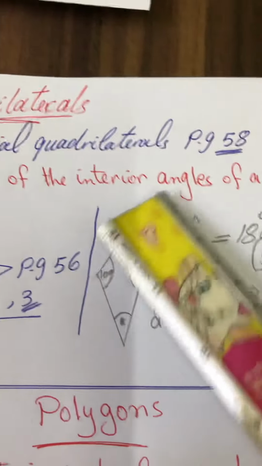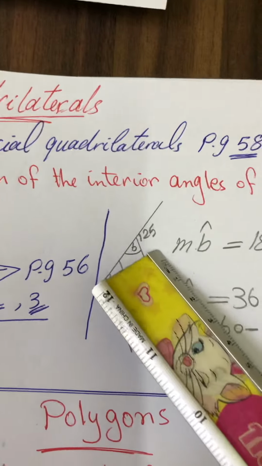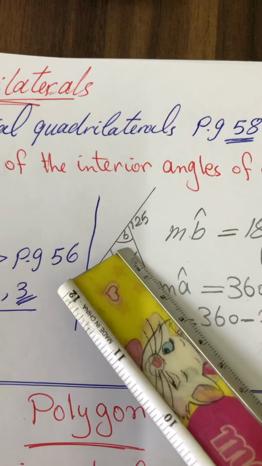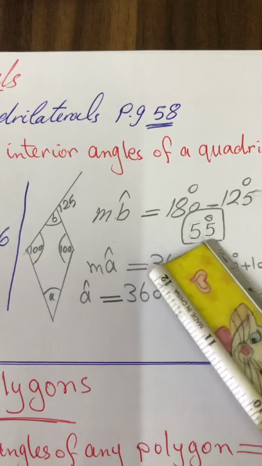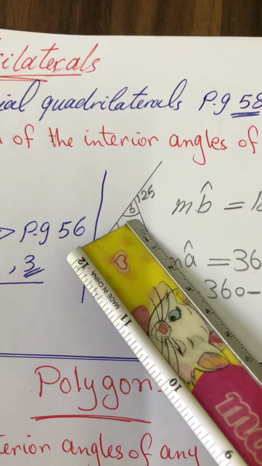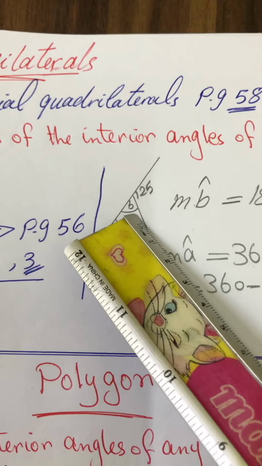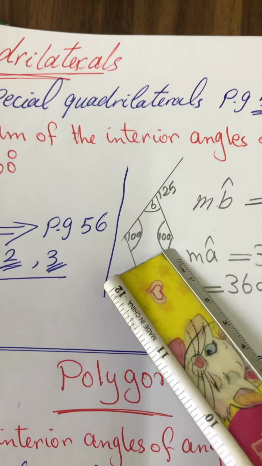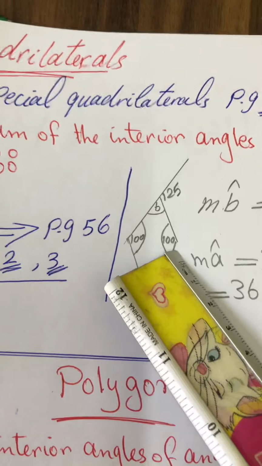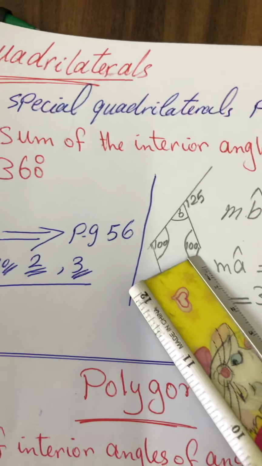Okay? As I wrote here, another problem. I have a kite and this is 125. So measure angle B equals 180 minus 125 equals 55. So this is the first measure angle inside the kite. And this angle is 100, so the opposite must equal 100. Okay, it's a rule, a fact.